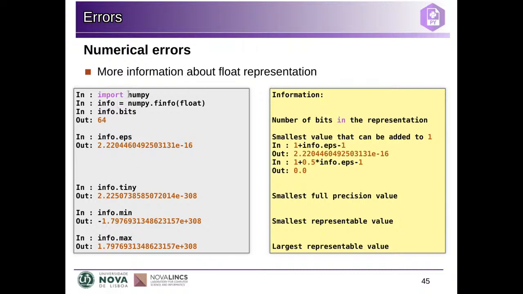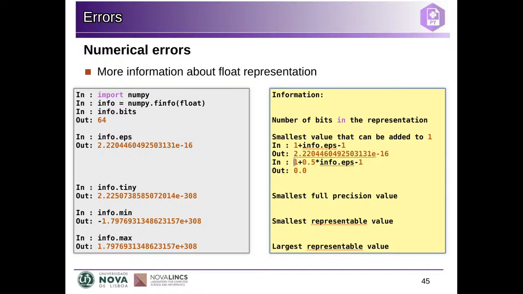If you import NumPy, that numerical Python library, you can get information on the floating point numbers. These are the number of bits that are used. This EPS is the smallest value that you can add to 1 and still make a difference. For example, if you have 1 plus EPS minus 1, you still have some value remaining, the EPS.